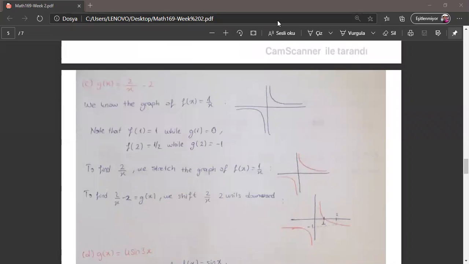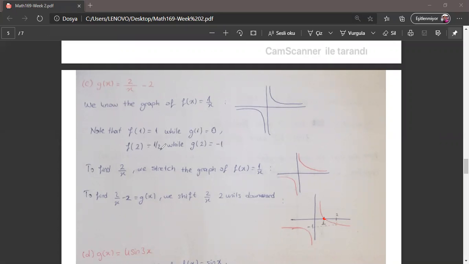So let's look at the values now. f of 1 is 1, right, and g of 1 should be 0. Here we look at that. It's 0. We shifted. That's why it's 0 now.